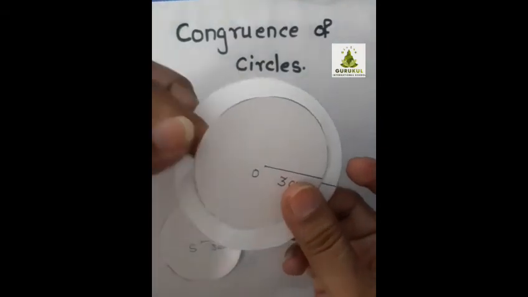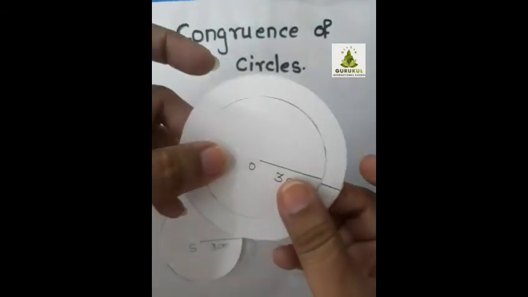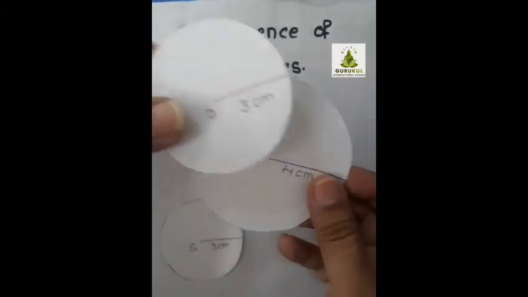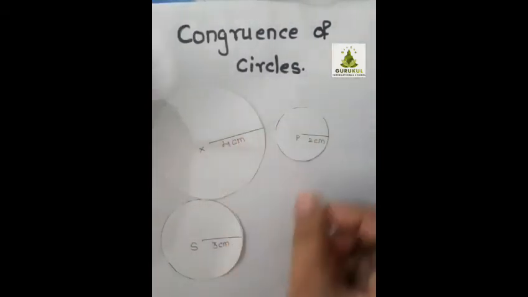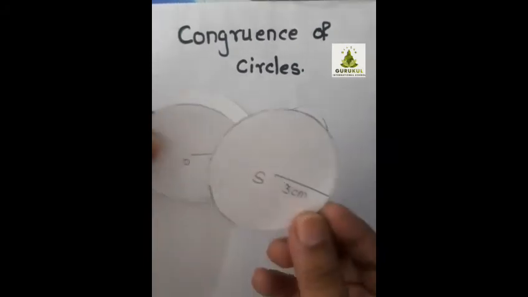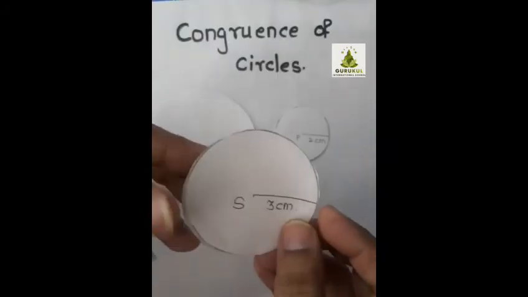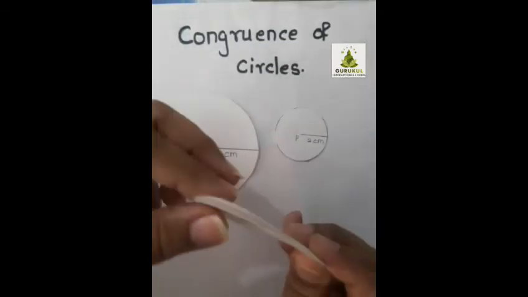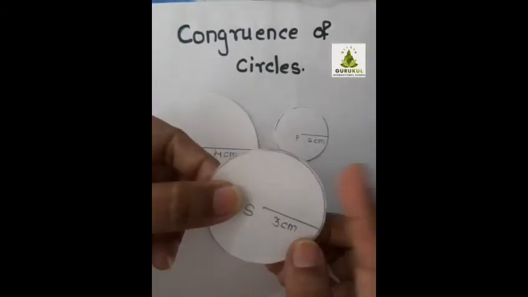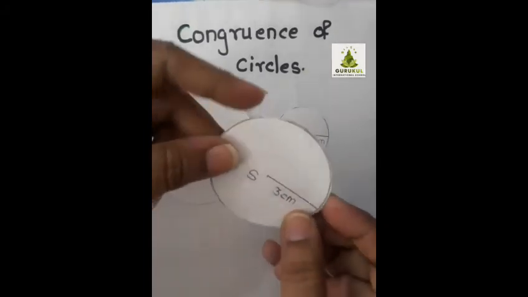You can see there are 2 different circumferences, which means this is not coinciding. Suppose I take 3 centimeter circles, both, and place them on each other, you can see their circumferences or their borders match with each other.